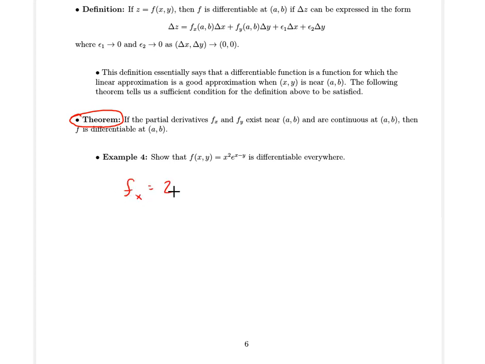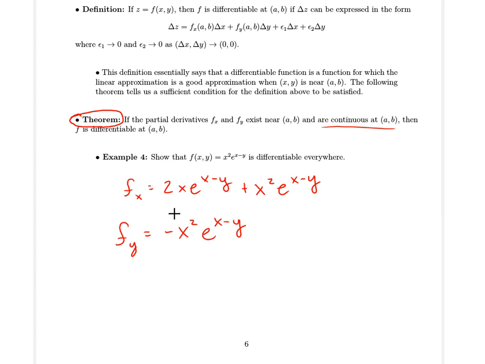So this one, we use the product rule. And then partial with respect to y was this. Okay, and so what are we looking for? We want to show that the partials are continuous at (a, b). Okay, well, what do I have here?